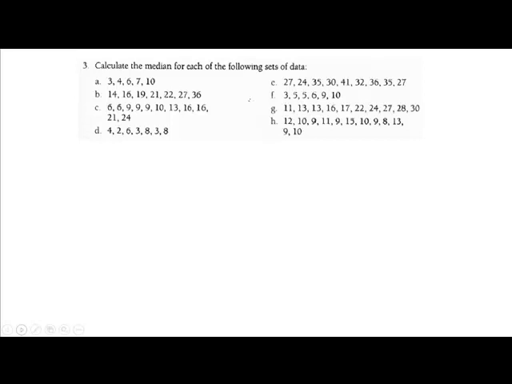So let's start with the easiest one. Let's start with A. A has 1, 2, 3, 4, 5 data points. N equals 5. To find the median of an odd number of observations, the median equals n plus 1 divided by 2 score.